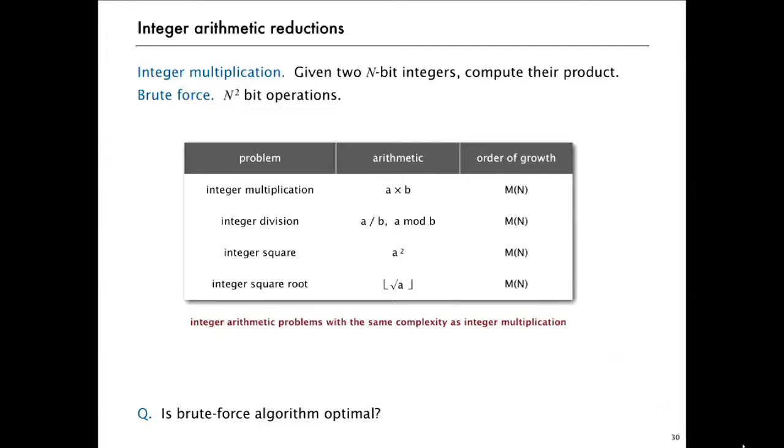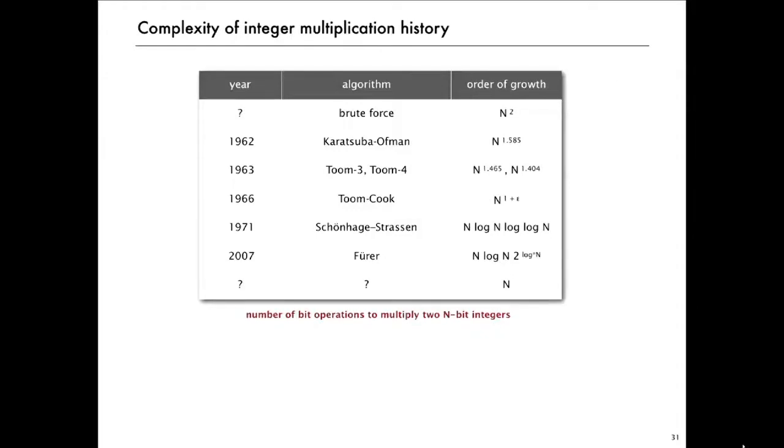So now they're all the same difficulty as multiplication. The question is, how hard is the brute force algorithm? Well, people have studied that for a long time. One of the earliest divide and conquer algorithms, by Karatsuba and Ofman, showed that integer multiplication could be done in time n to the 1.585.